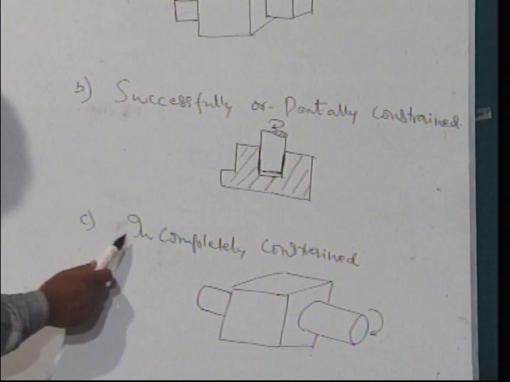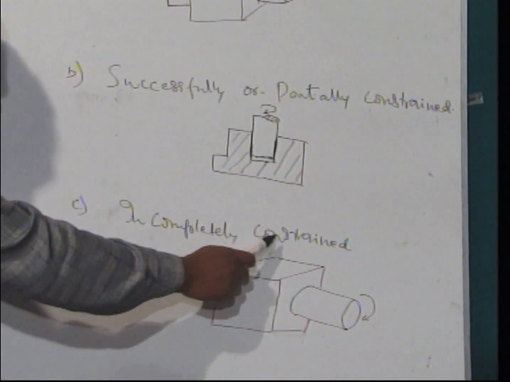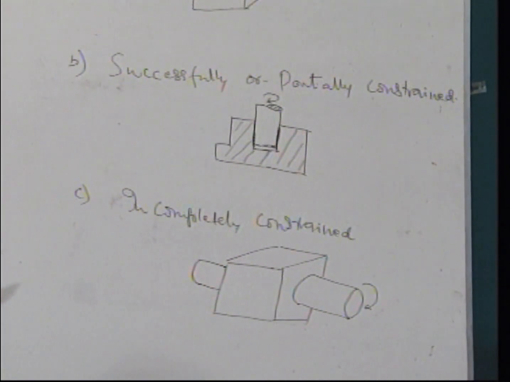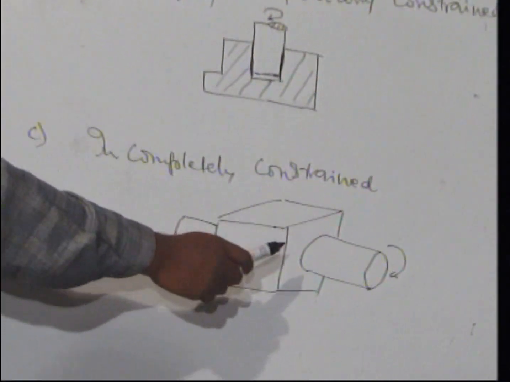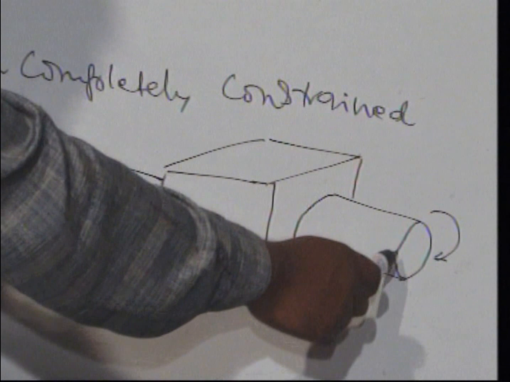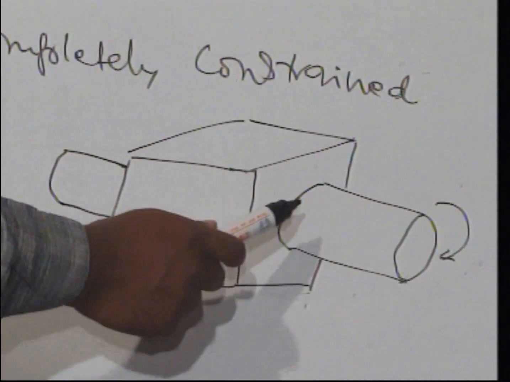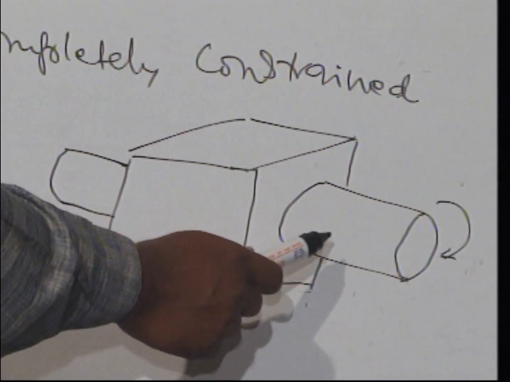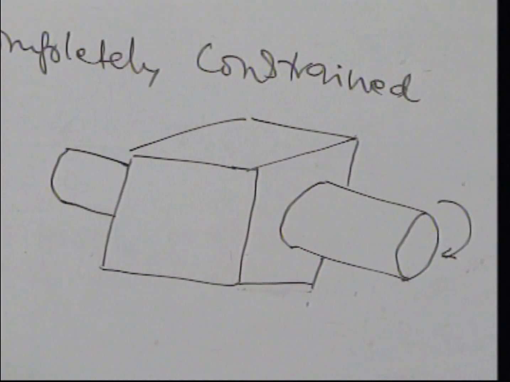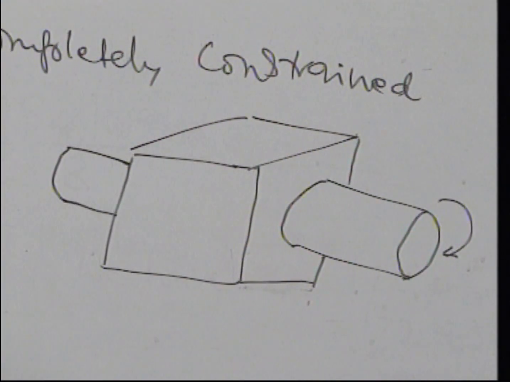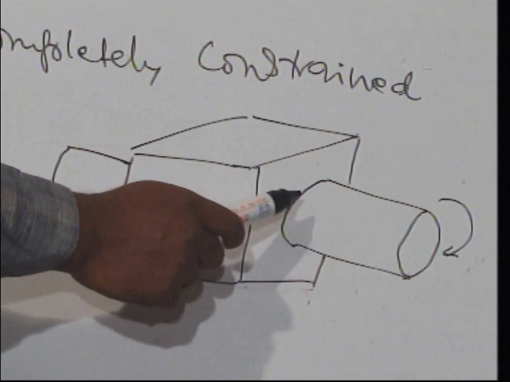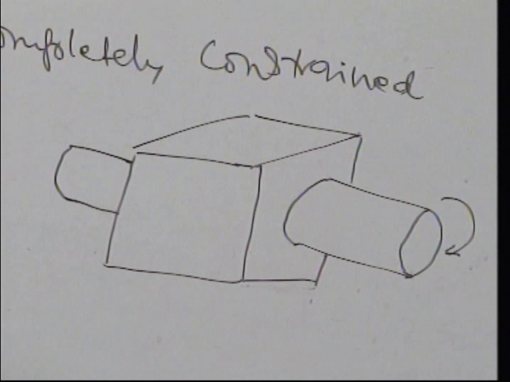Coming to the last one, that is incompletely constrained motion. Here you observe a circular rod or a round rod rotating in a round hole. In addition to rotation, it can also slide here.